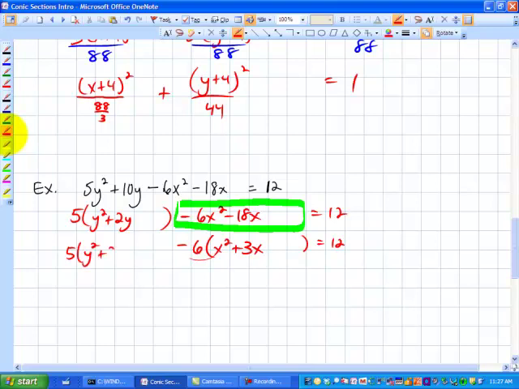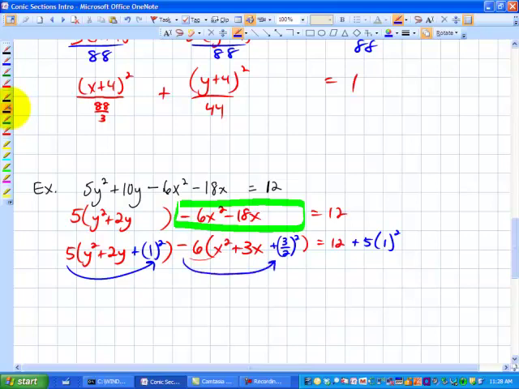Okay, so for the 5, y squared plus 2y, I've got this thing I got to figure out. Let's see, so that's going to be half of 2 or 1 squared. So plus 5 times 1 squared. And then here I'm going to take half of 3 and square it.